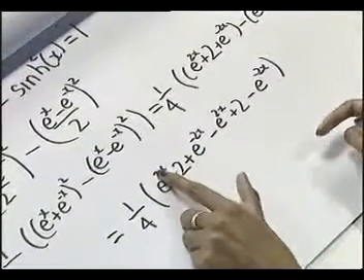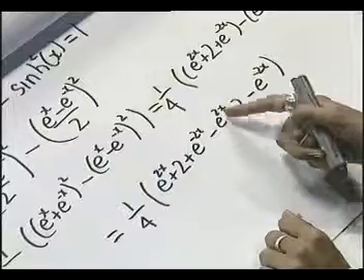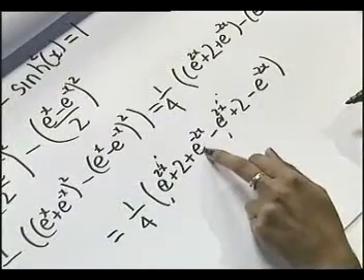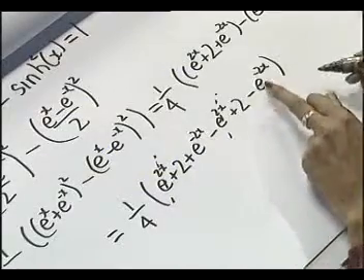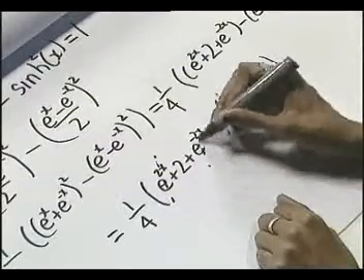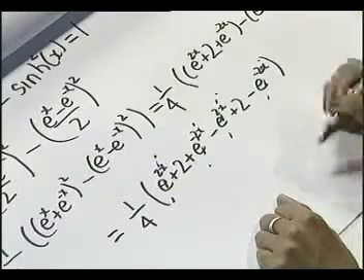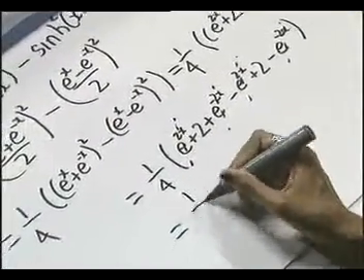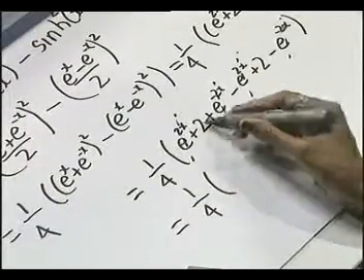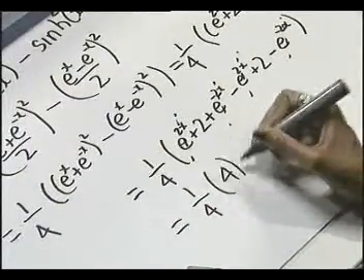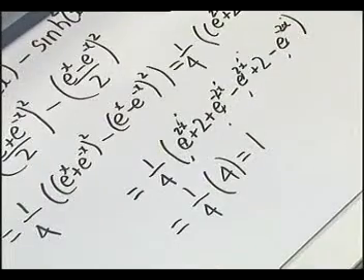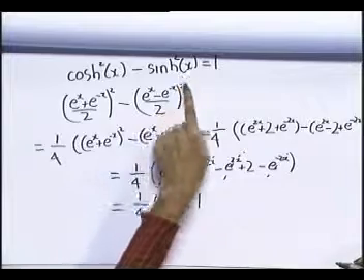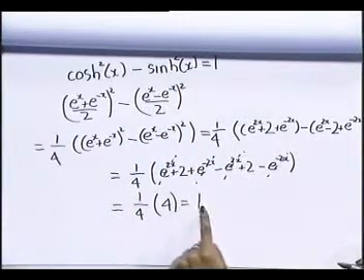We have e to the 2x minus e to the 2x, so these go. We have plus e to the minus 2x here, and minus it again there, so they go. And then we just have 2 plus 2. So the whole thing turns out to be a quarter of 2 plus 2, which is 4, which is 1. So there we have the proof that cosh squared x minus sinh squared x, which is all that, is equal to 1.